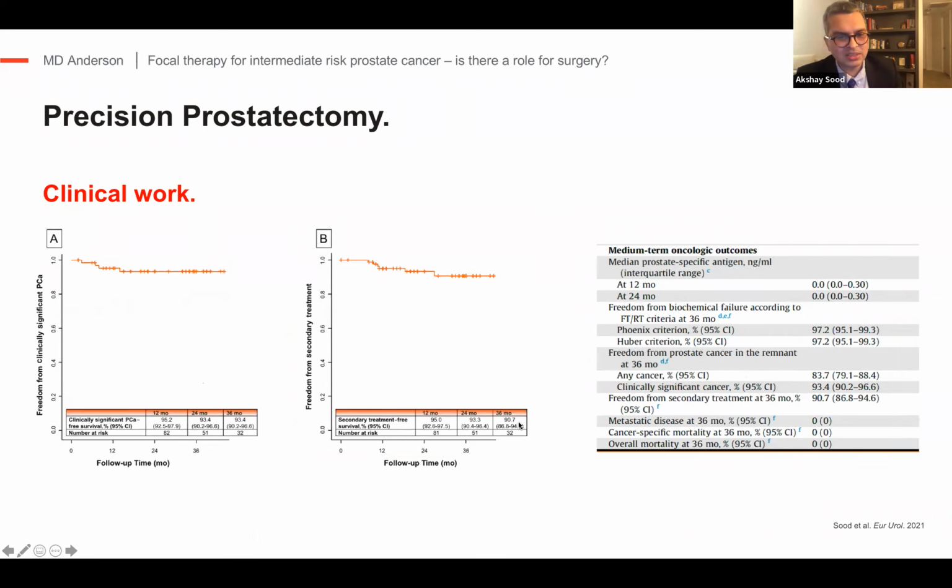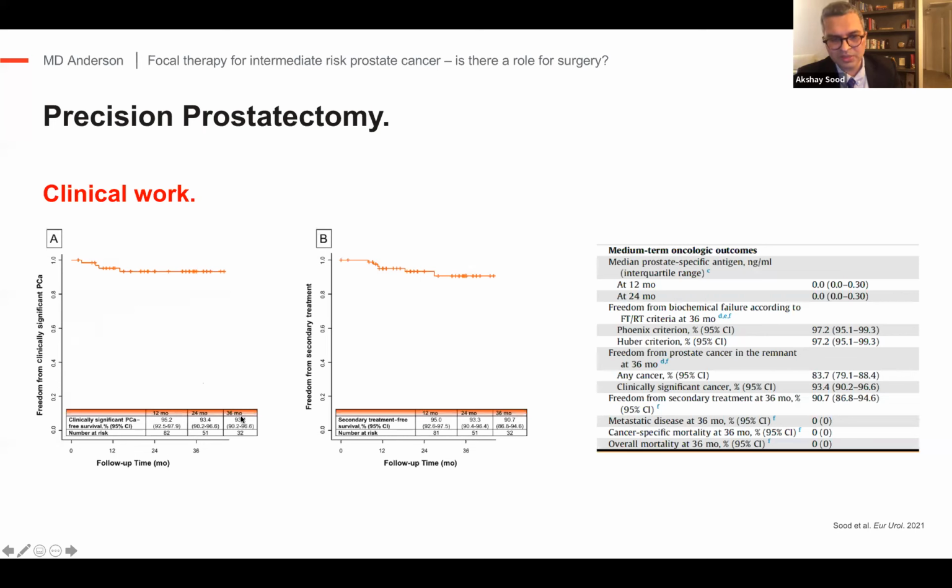As you can see, at 36 months, 90% of patients had remained free from needing any kind of secondary treatment, and approximately 94% of patients had remained free of clinically significant cancer at 3 years. While if you look at the other studies that I showed in the table, somewhere between 30 to 40% of patients had clinically significant prostate cancer diagnosed within 6 to 12 months.